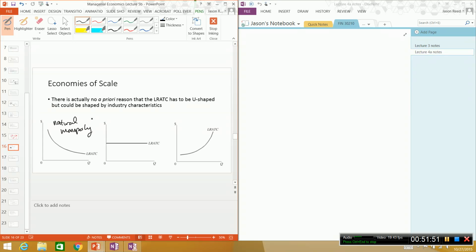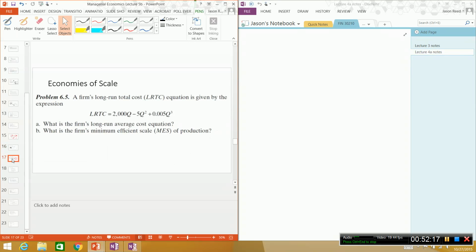We want to have one firm in this industry because we're going to have extremely high fixed costs here. And so if this firm is going to produce and has high fixed costs, they want to be able to sell to as many people as possible. And so we have reasons for the second and third panels as well that we won't necessarily get into. We might get into it later on in the semester.